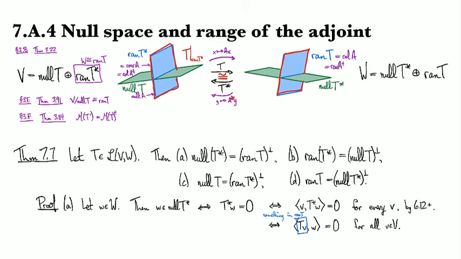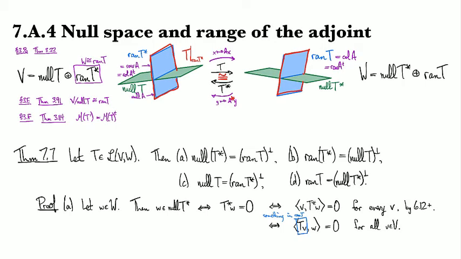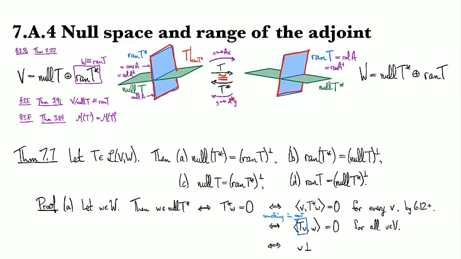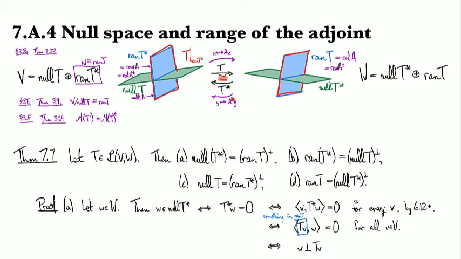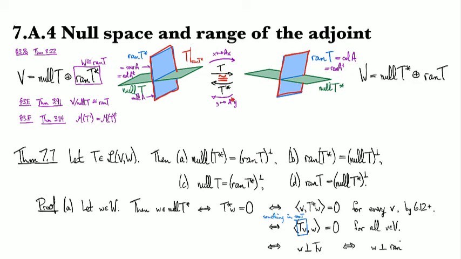It's T applied to a thingy, so it's something in the range of T. And so this last equality that we've obtained right here is saying that w is orthogonal to anything of the form Tv, which is the same thing as saying that w is orthogonal to the range of T. All right.